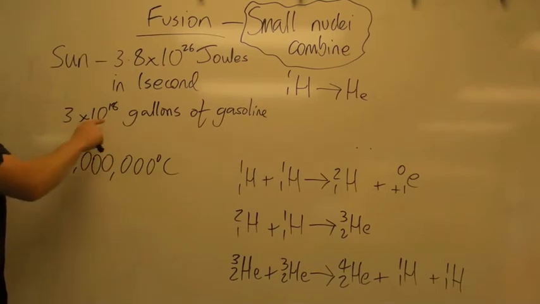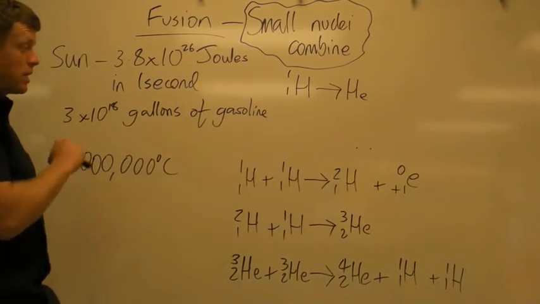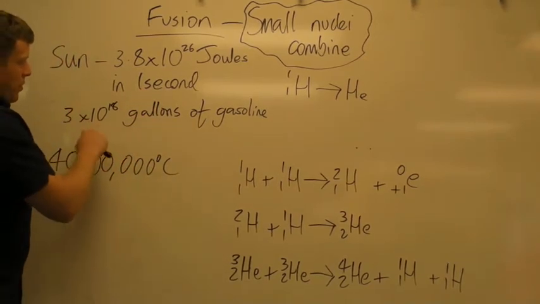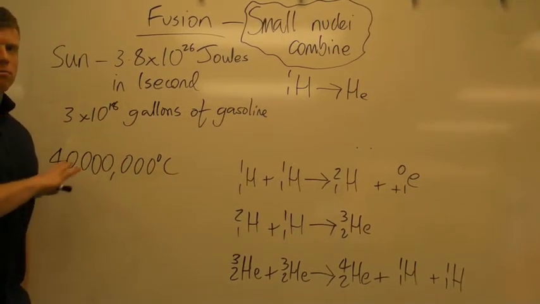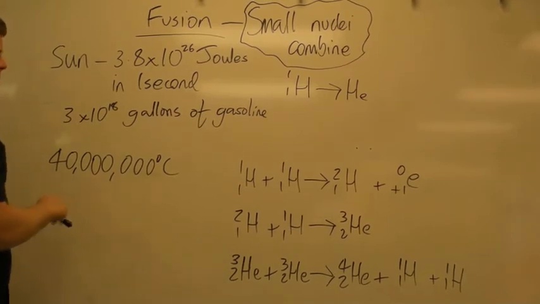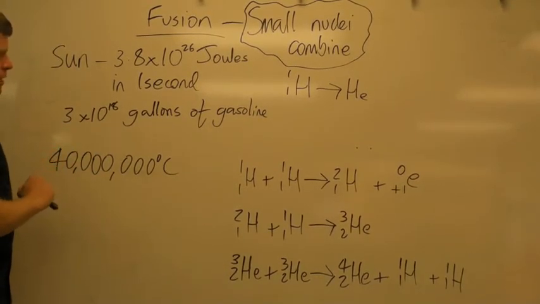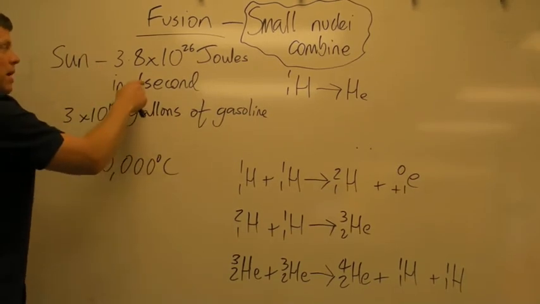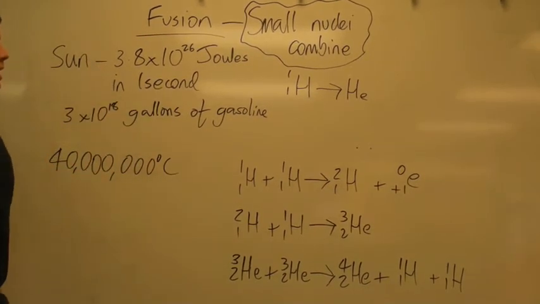You need 3 times 10 to the power of 18 gallons of gasoline to produce the same amount of energy in 1 second. This amount would fill Lake Washington many times. So a huge amount of gasoline would need to be burned to produce the same amount of energy that we get from the sun in 1 second.